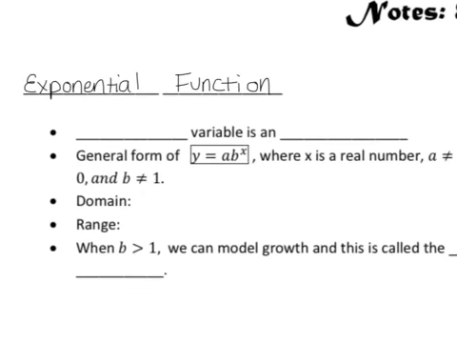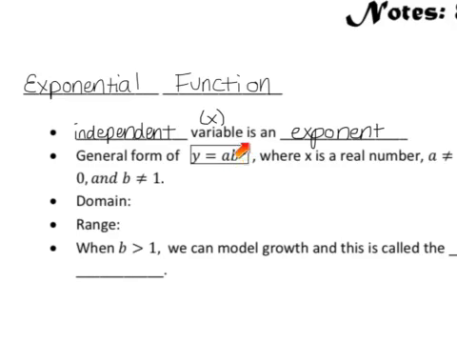In this, the independent variable, which is which one normally for us? X or Y? X. Yes, the independent variable X is an exponent. This is the general form: y equals a times b to the x.